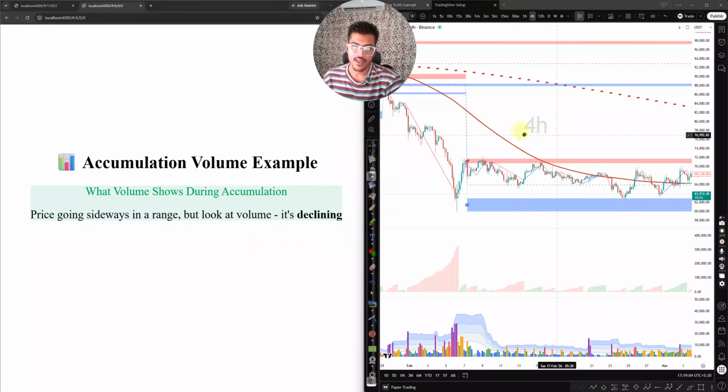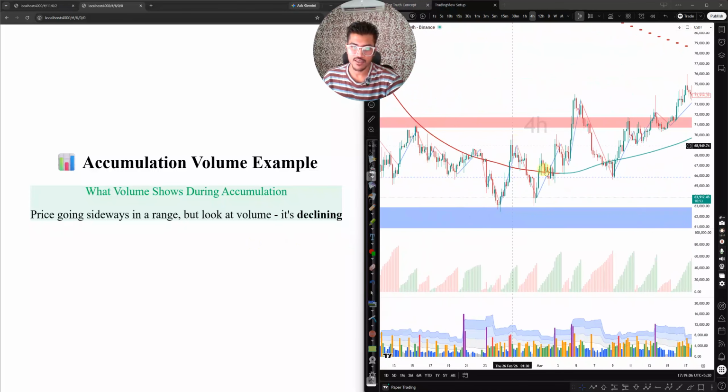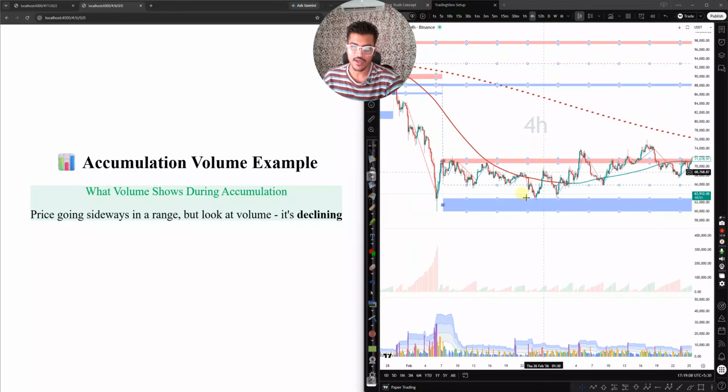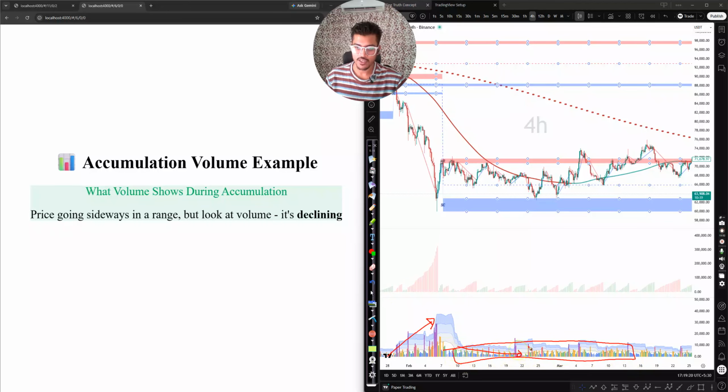And then the volume just, this was the case. If we look at the volume, why it's declining, you see, after this there wasn't much volume, guys. This was absorption of the supply.